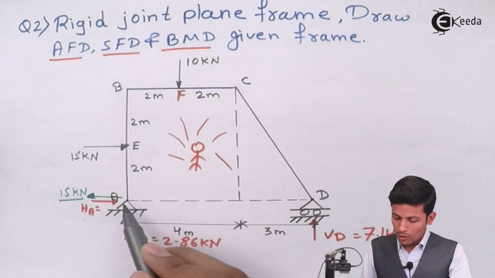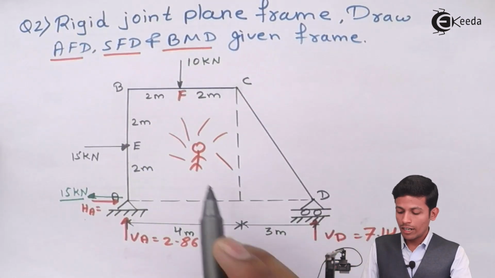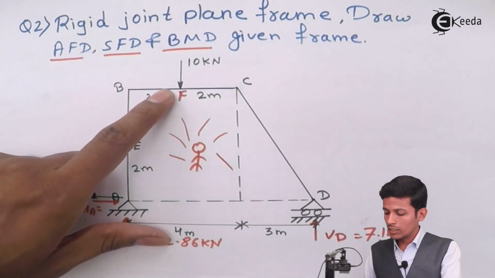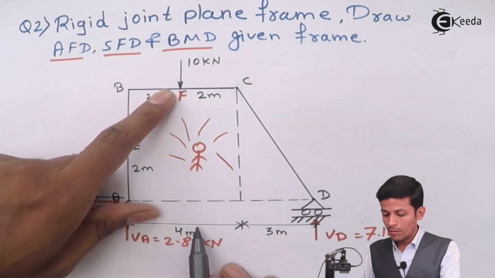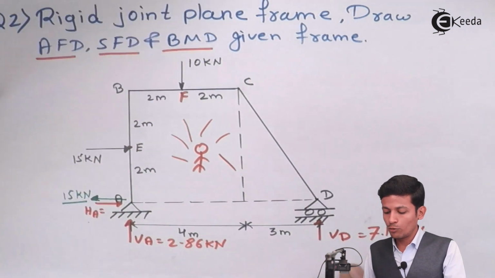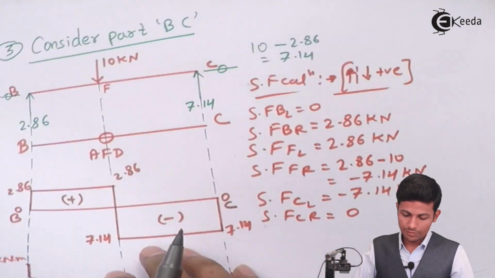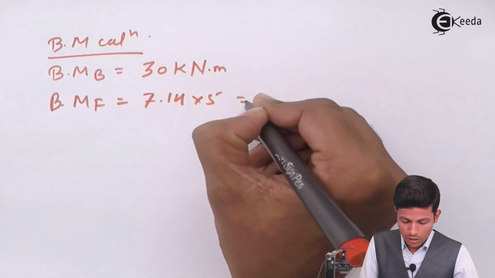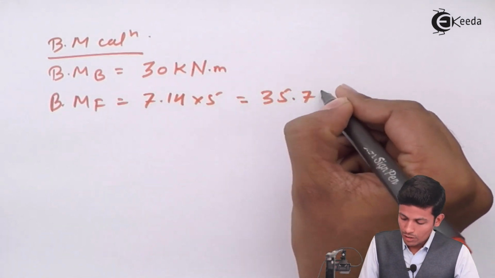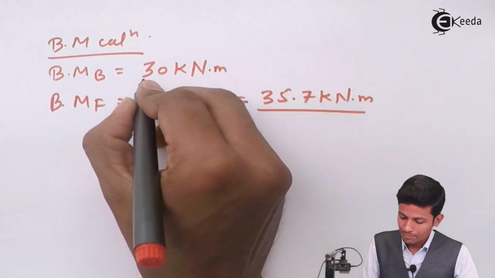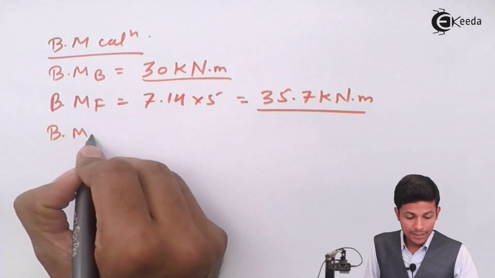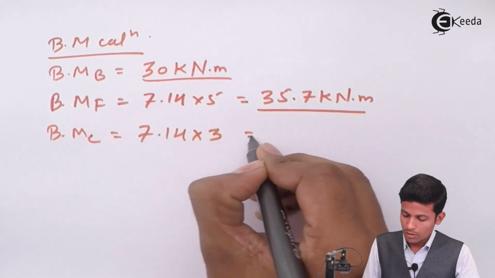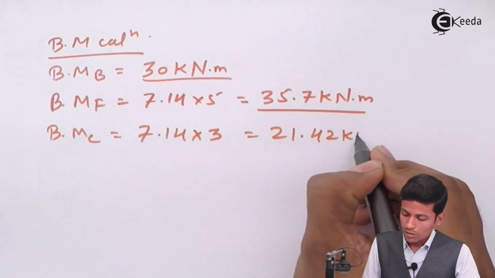You can take this part or that part, and if you take this part, it comes directly. Here the force is 17.14 and the distance is 3 plus 2, which is 5. So 17.14 into 5 is equal to 35.7 kilonewton meter positive. Now bending moment at C is 17.14 into 3, which is 21.42 kilonewton meter.